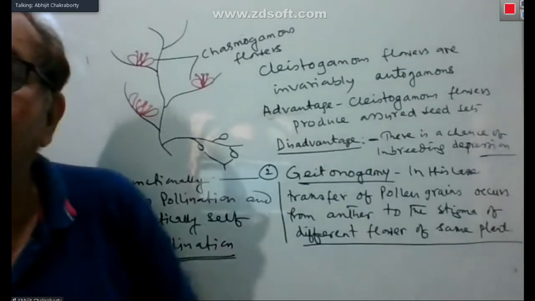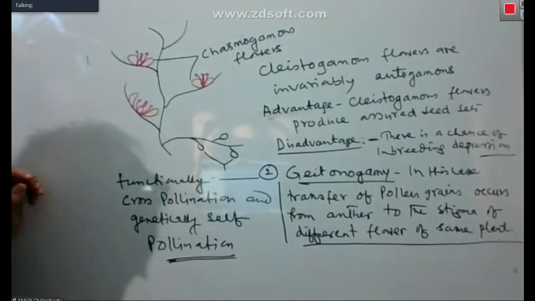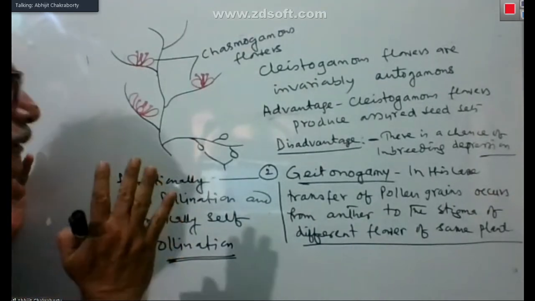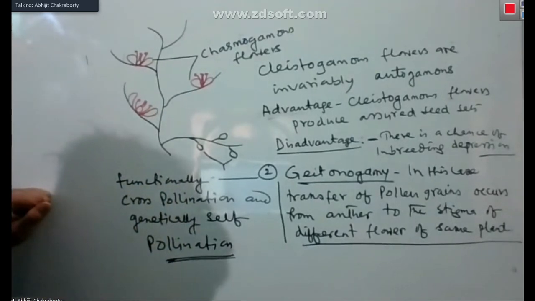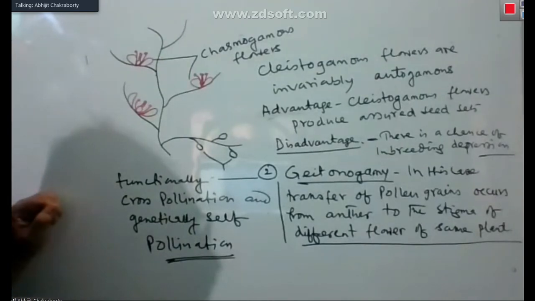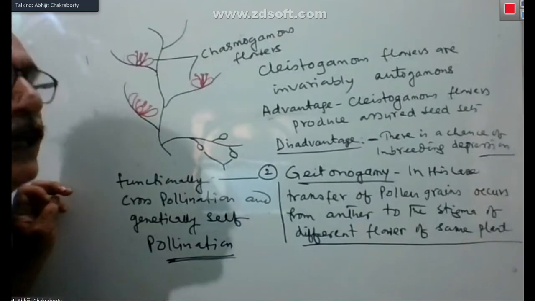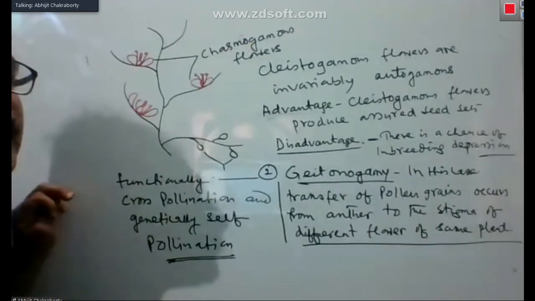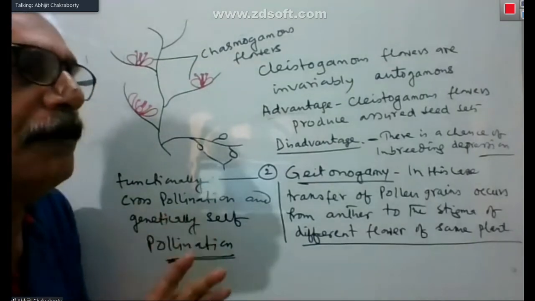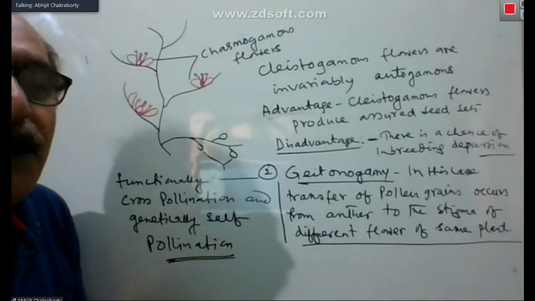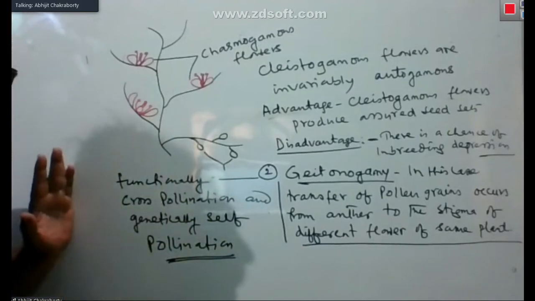Clear? So it is clear now why the question comes up, why geitonogamy is considered functionally cross-pollination. Because in this case, two different flowers are involved. But it is genetically self-pollination because the same plant is involved, two flowers of the same plant, hence it is genetically autogamous. Are you getting me?